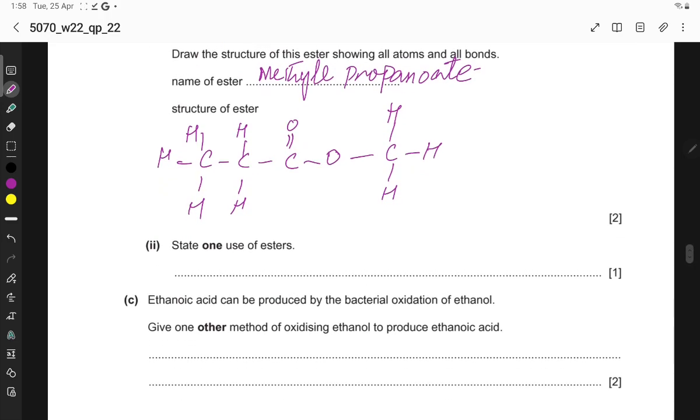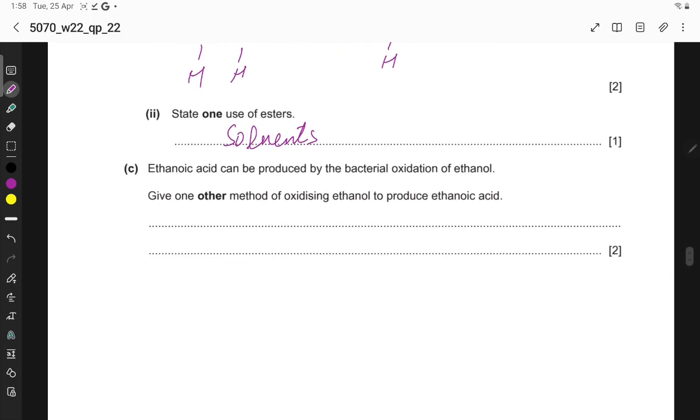State one use of esters: used as a solvent. Ethanoic acid can be produced by the bacterial oxidation of ethanol. Give one other method of oxidizing ethanol to produce ethanoic acid.